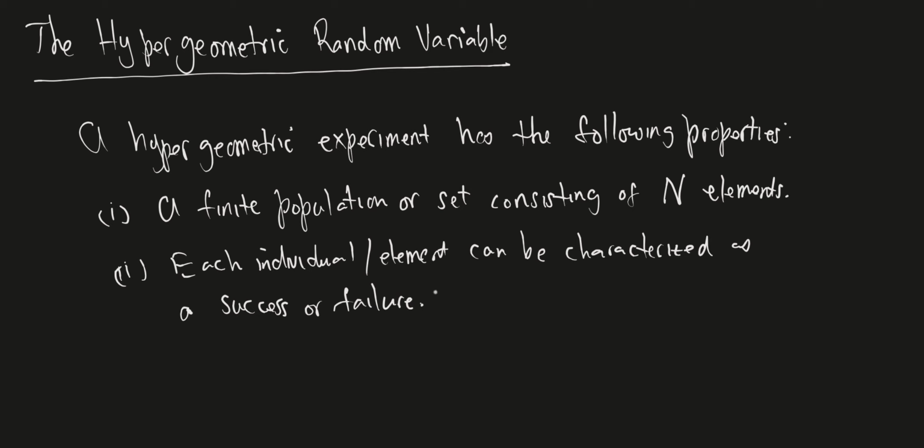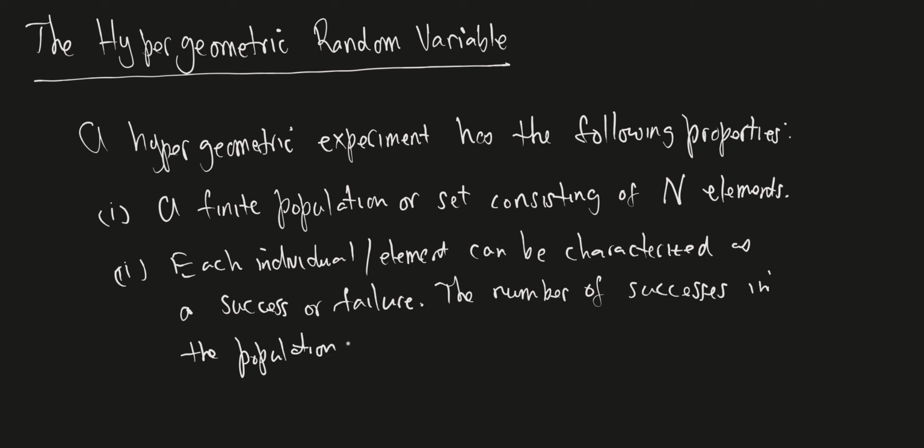And then the number of successes in the population is denoted by A. So we have a big N that represents everything in our sample space.